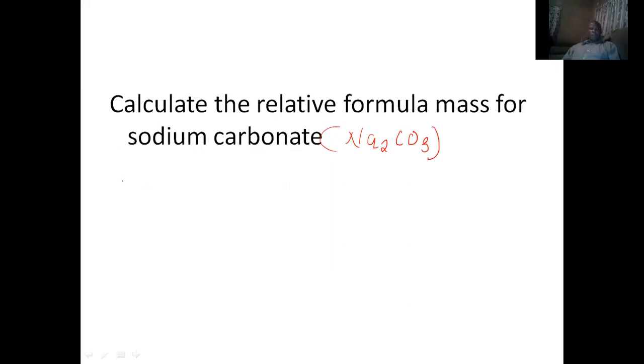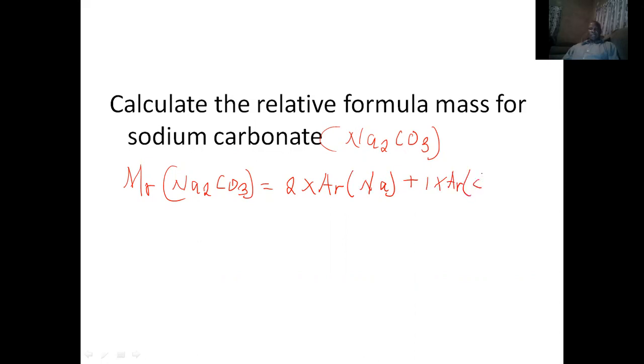So for us to calculate the formula mass, which is the same as relative molecular mass, for sodium carbonate would be equal to, you look at the subscript for sodium there, which is 2, multiplied by the relative atomic mass for sodium, plus the subscript for carbon here is 1, multiplied by the relative atomic mass for carbon, plus 3 multiplied by the relative atomic mass for oxygen.